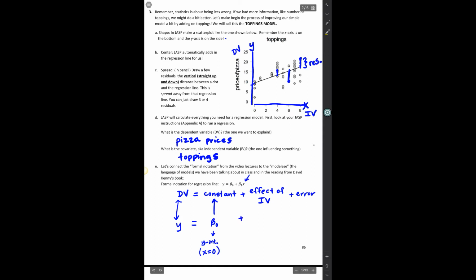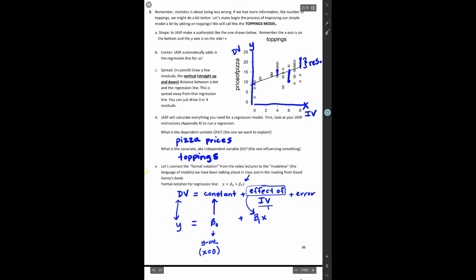Now the next part, the plus b sub 1 x. Now the effect of part of our modelese is really the b sub 1 part of our regression equation. The IV itself, just like the DV is y, the IV is the x.